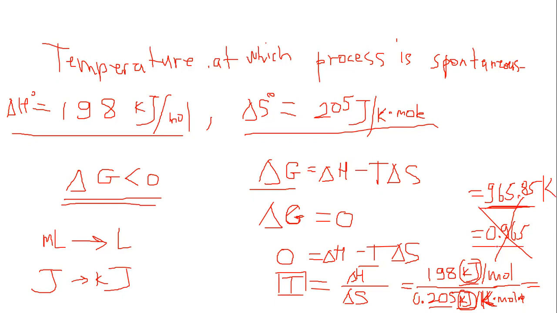Now if you compare this Kelvin, do you know what this is in Celsius? One Celsius equals 273 in Kelvin, it's opposite.